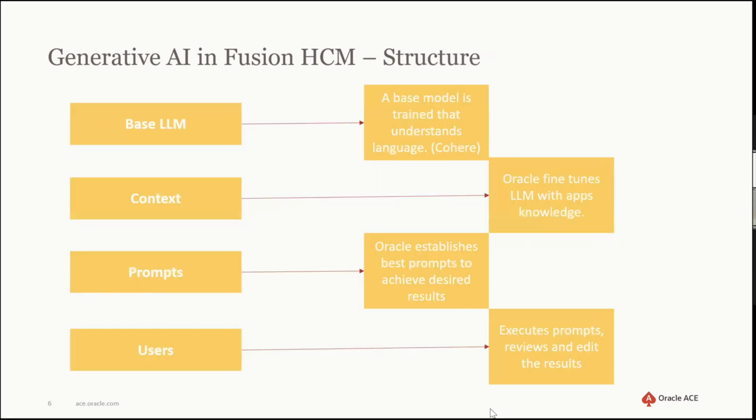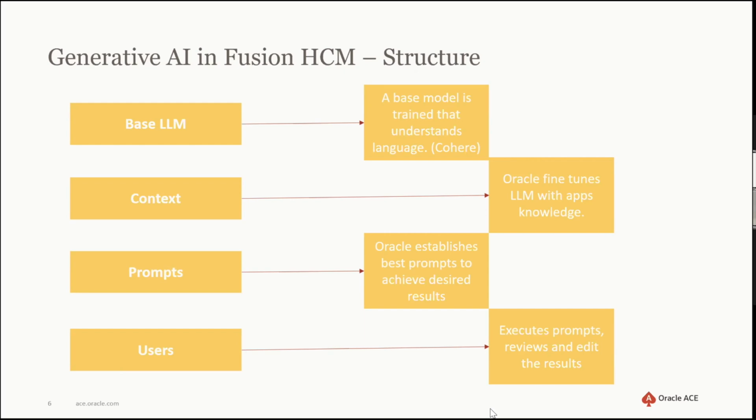Next, the structure of Gen AI in Fusion HCM. First is the base LLM, the large language model. Oracle uses the Cohere LLM. It is a base model that is trained to understand language, so you can input in any language, and it can interpret the instruction or request and generate data based on that.